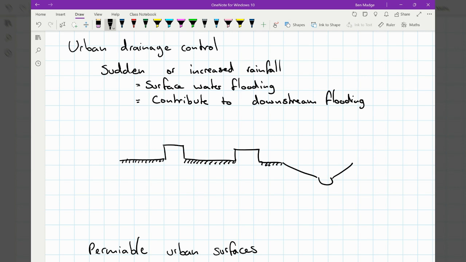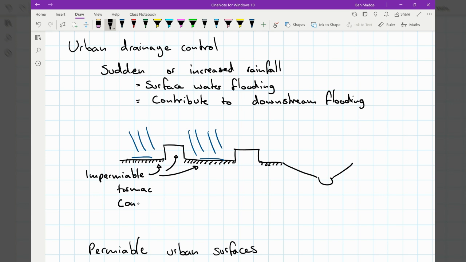And this means water, when it falls as rain, can pool and collect in these locations because it cannot soak into the ground. It's unable to sink into the ground. Okay, so because it cannot permeate through the ground, it falls on these impermeable surfaces. Things like tarmac or concrete.